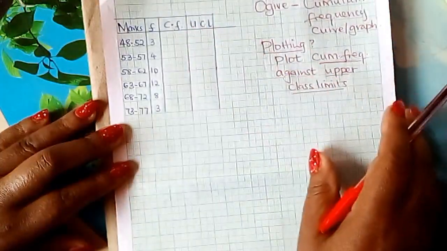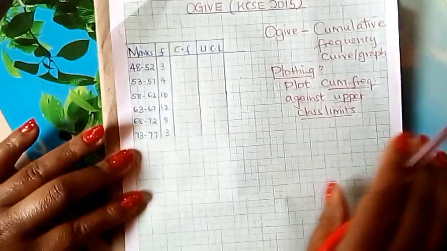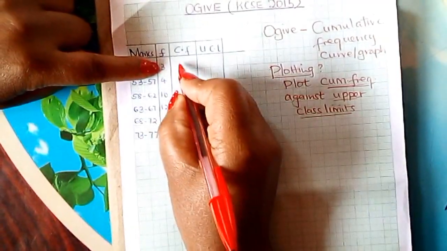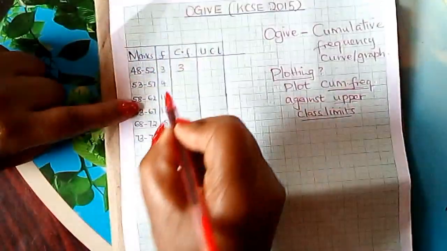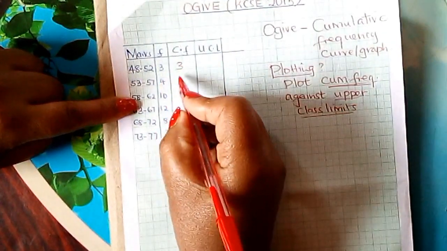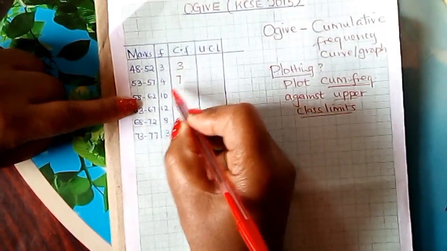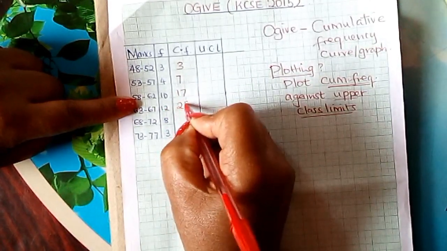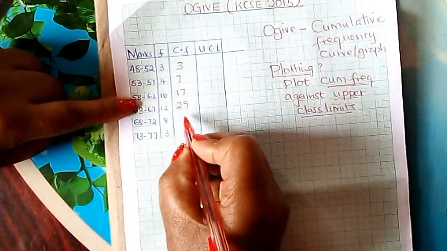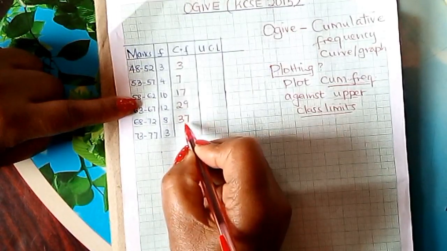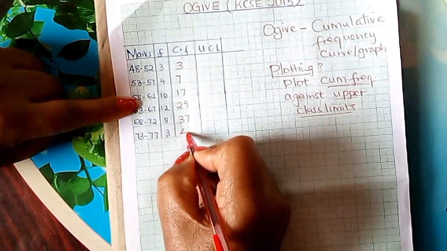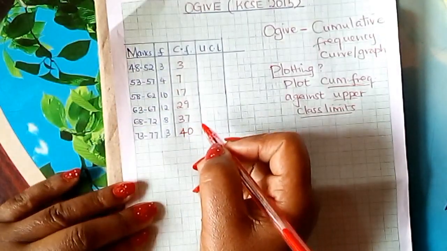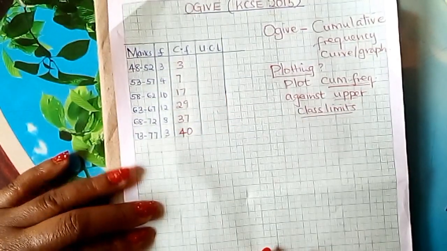The first cumulative frequency will be 3, just like this one. The second one will be 3 plus 4, which is 7. This plus this gives you 17. This plus this gives you 29. This plus this, learner, gives you 37. This plus this gives you 40. So our total frequency is 40.